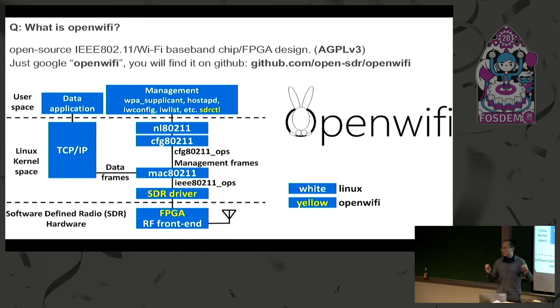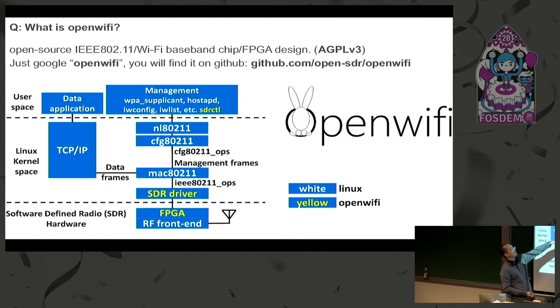We offer you the chip design, which is FPGA currently. We also offer you the open source Wi-Fi driver, which works below the Linux native mac80211 Wi-Fi framework. This framework is used for almost all the commercial soft MAC architecture Wi-Fi chips.